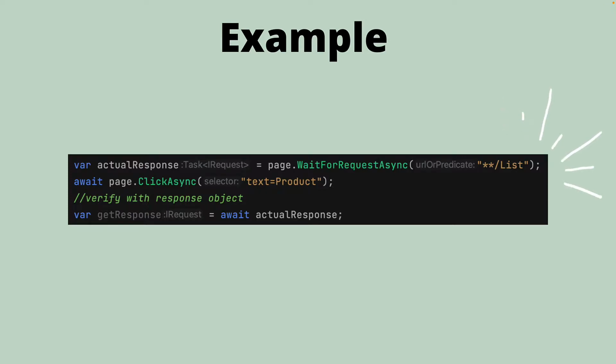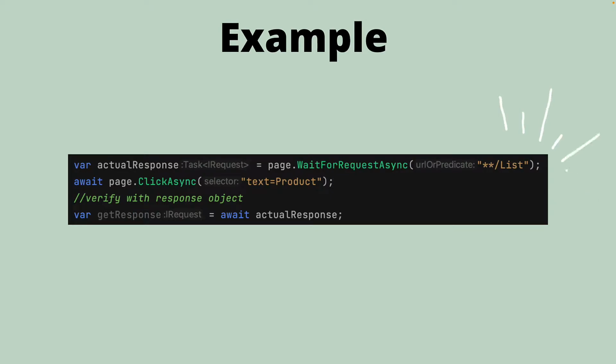And once I've clicked the product button, I'm going to call the actual response on this particular line, as you can see over here, and then I'm verifying what the response coming back is. So I can verify the response object over here to see if the response is actually the one which I'm looking for, what the response type is, and what the response status and data are, things of that nature. I can perform all these operations on this particular variable.